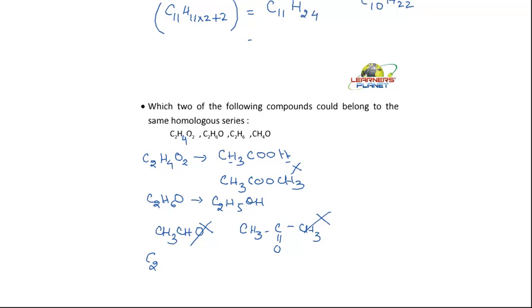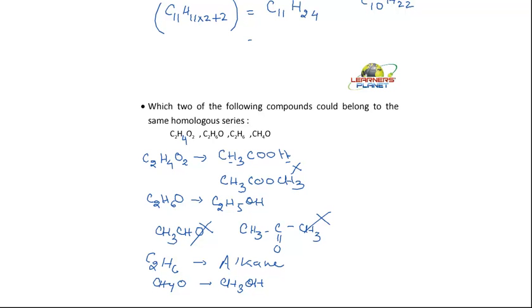Now our next compound is C2H6 and this is an alkane. I hope you know this now. Our next compound is CH4O. Now what is it, students? It is CH3OH.